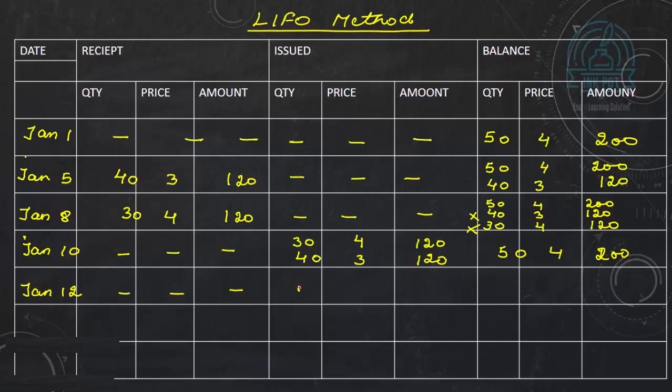We have issued 10 units, I suppose. 10 at the rate of 4, that is 40. So we are left with 40 more units at the rate of 4. 4 4s are 16. 160 is the value.